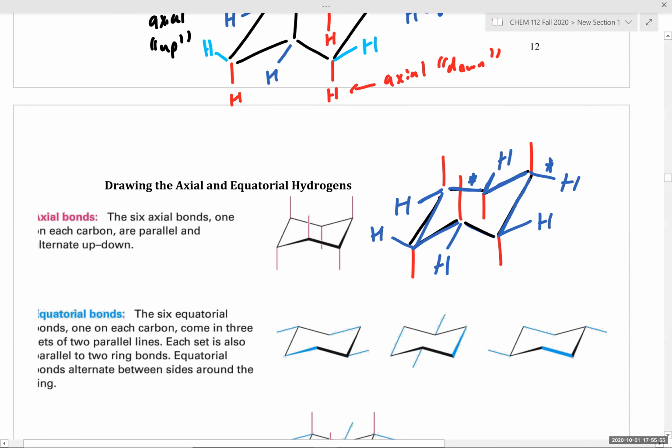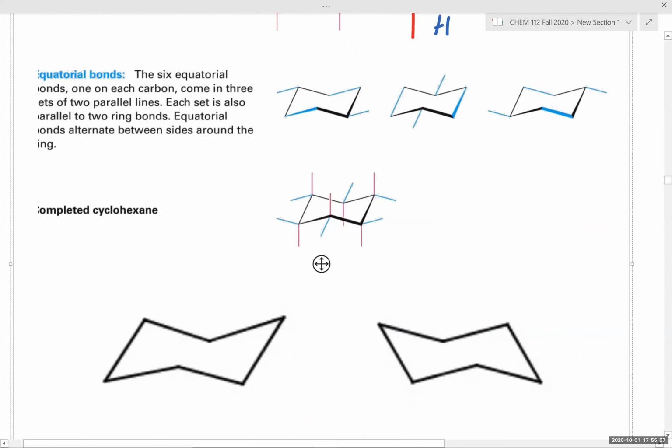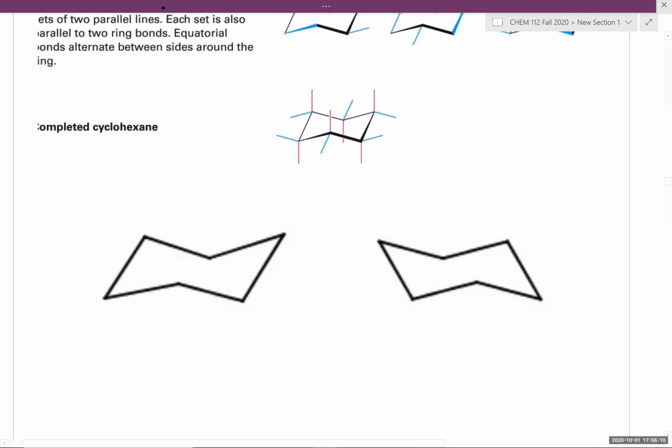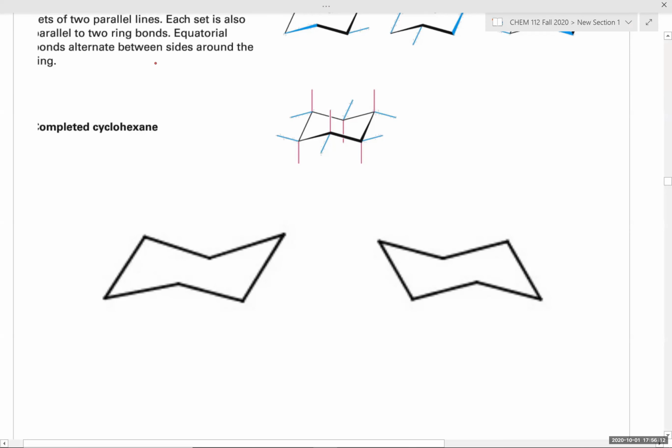So let's keep going now, if we don't have any other questions. And one thing that I'd like us to do during this time, just to make sure that we understand how to fill in the substituents for a cyclohexane system, is I've given you the following blank templates, and I'd like us to use the annotate feature to fill in each of these templates with our axial and equatorial substituents.